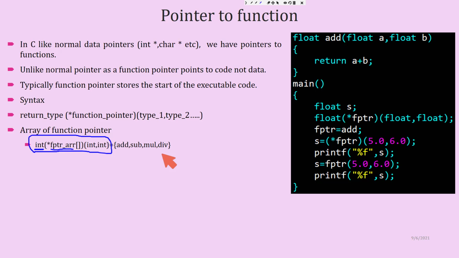So for illustrating, I am going to implement a program to execute arithmetic operations. I am going to write a menu driven program. If you remember, just recollect what a menu driven program is. I am going to write a menu driven program with the help of pointer to functions.